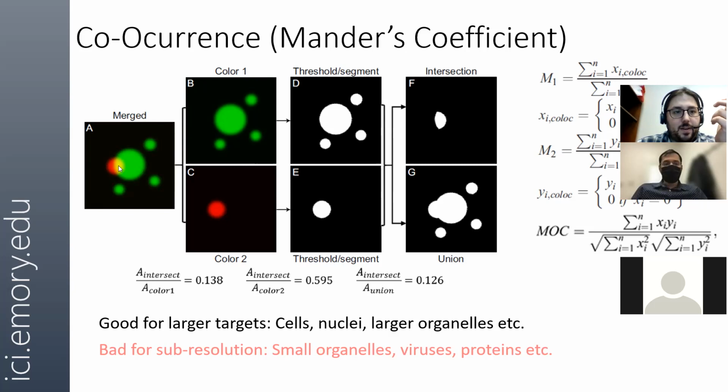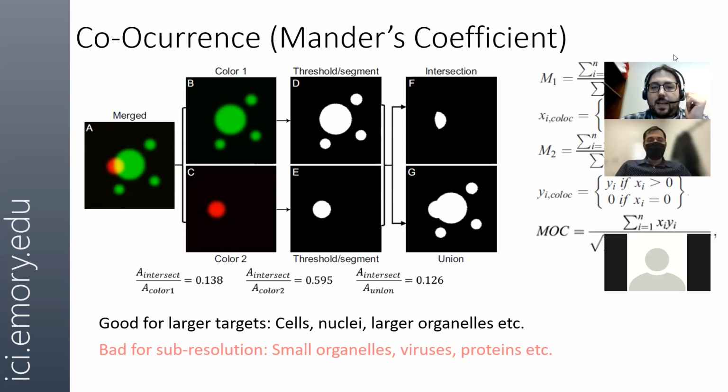You can see here we've got a red signal and a green signal, and we are determining the Manders coefficient for that. How much of the red signal overlaps with the area where we get green signal, and we can calculate that for red into green and for green into red as well.